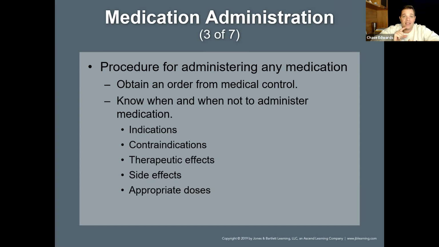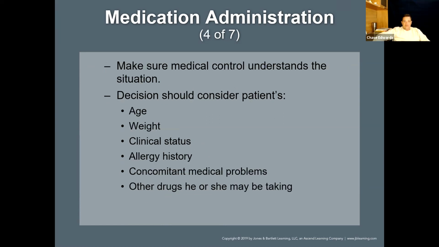You need to know the indications, the contraindications, the therapeutic effects, the side effects, and the appropriate doses. Okay? And then know when and when not to administer that medication. That's very important. If you don't learn anything else here, learn that. Because medication administration will end your career if you are not careful.